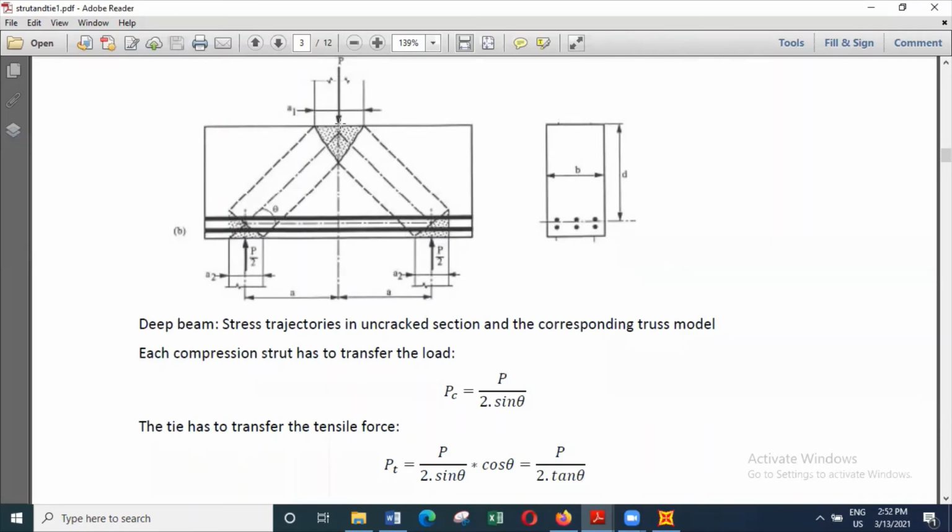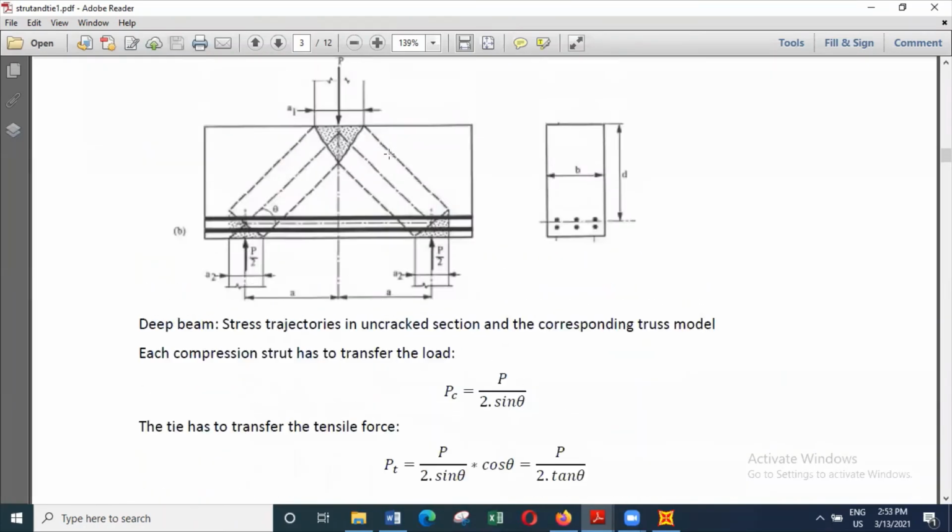So this length is A1 divided by 2. And this horizontal angle is theta. So this is 90 minus theta. So here you get an angle of theta. So here also theta. Then this 90 minus theta, and also here you get angle theta.